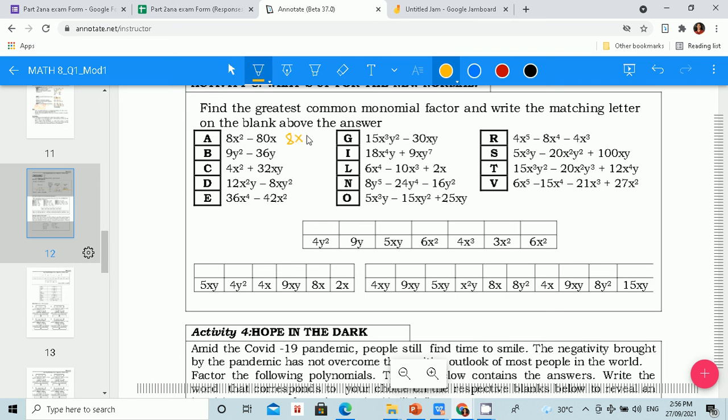So the remaining factor will be x minus 10. So the greatest monomial factor is this one, 8x. So where can we find 8x?